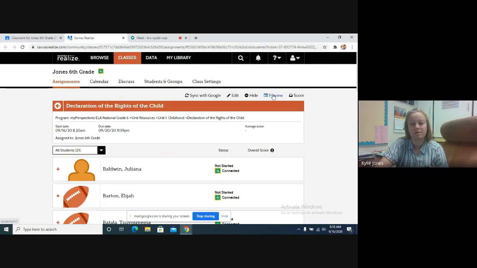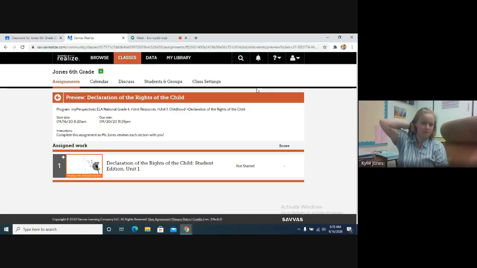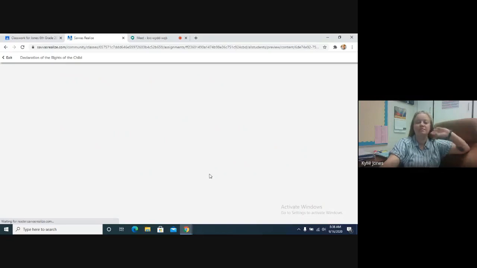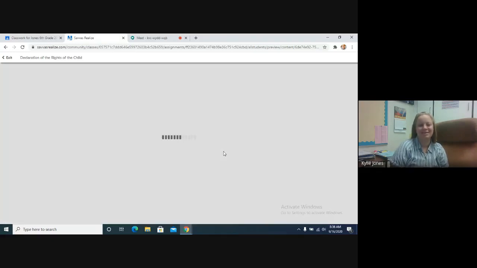Okay, it opens up. On your end, it'll look like this: Declaration of the Rights of the Child, Student Edition, Unit 1. And then hopefully it opens. Mine doesn't even look like it's loading. There it goes.